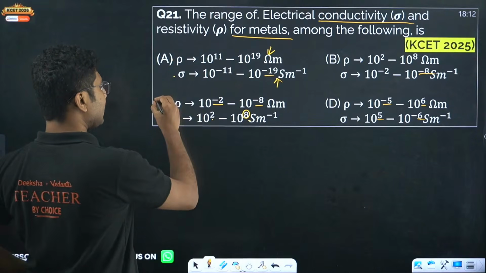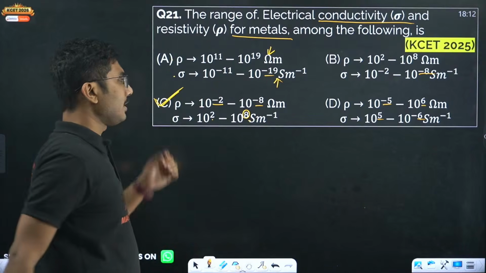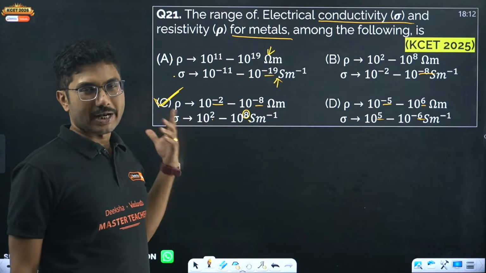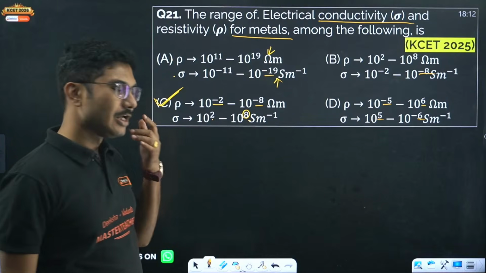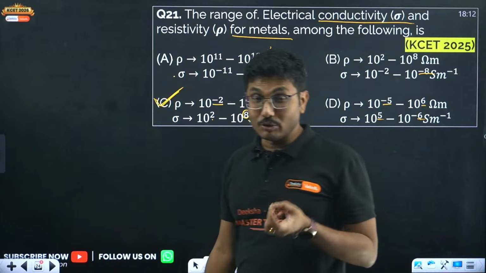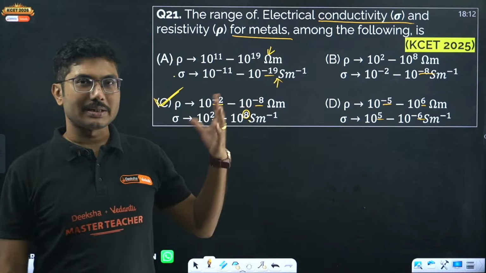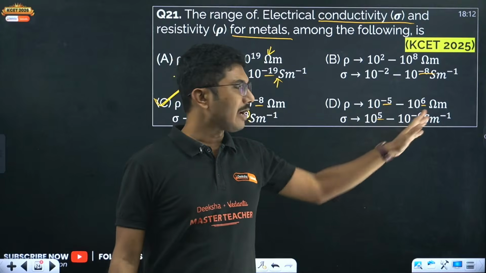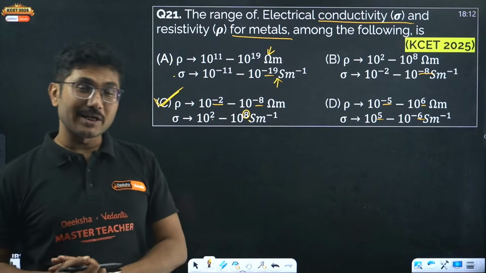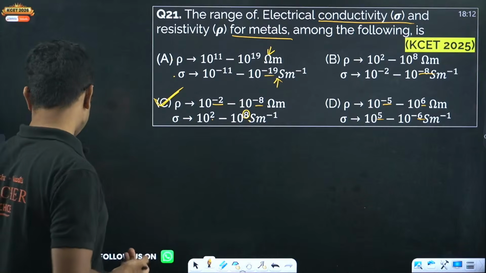So this is the answer for the question. How to identify: conductivity high, resistivity low, that is metals. Conductivity low, resistivity very high, that is insulators. Semiconductors are in between, both values have plus and minus. I think they have given the ohm centimeter unit to confuse you, but that also can be solved.